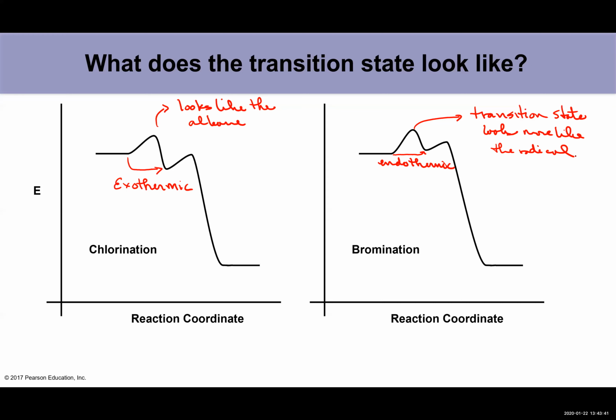And the result is that in bromination reactions, the stability of the radical determines selectivity.